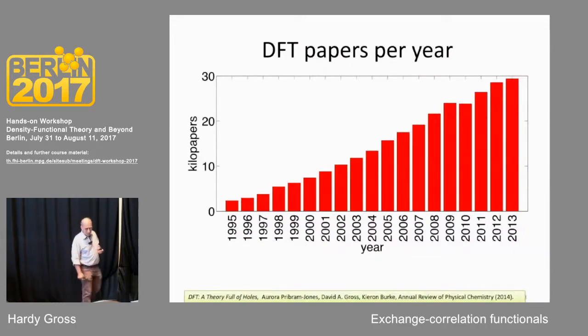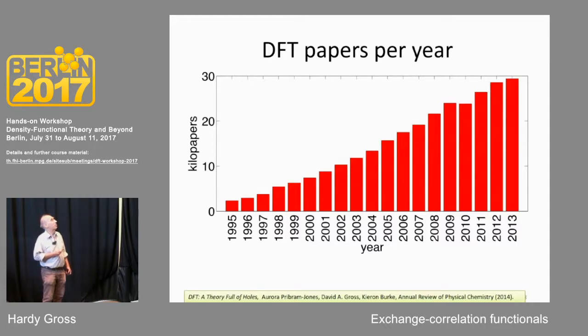Here's a similar plot to the one Matthias showed: the increase in the number of papers that use DFT in one way or another as a function of year. This was done in a highly sophisticated way, and the numbers differ slightly from yours. It was mainly made by a computer scientist, David Gross, not related to me.